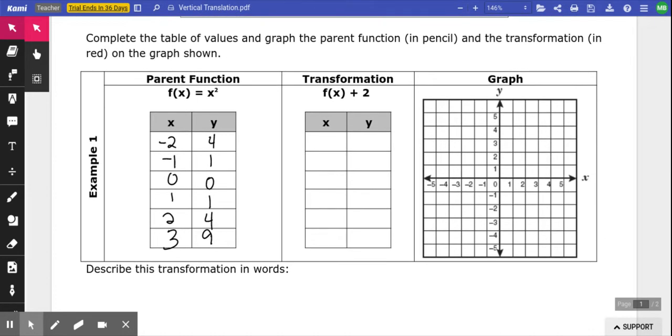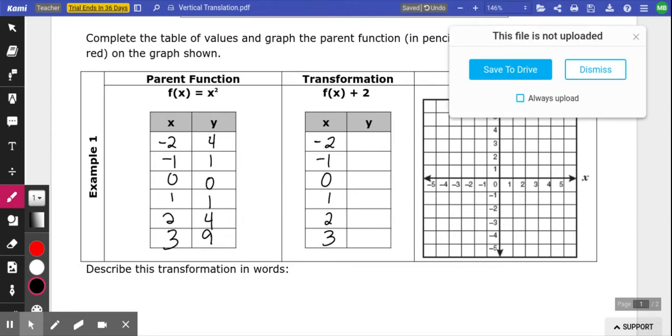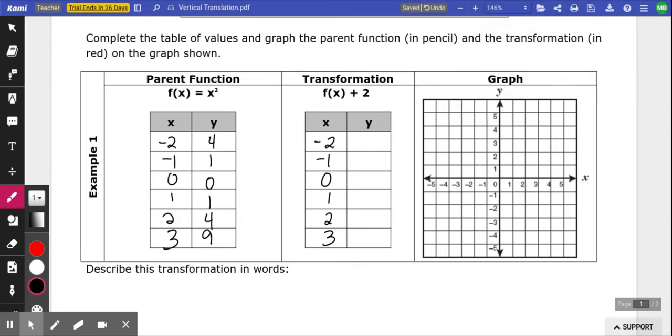Now, let's do our first transformation. I've already completed my table for my parent function. All I did is multiply the x value by itself to get the y value. Now, we're going to take this parent function and transform it by having a vertical translation of 2. So copying my x values, -2, -1, 0, 1, 2, and 3, I'm going to not only square my x value, but I'm also going to add 2 to the squared value.